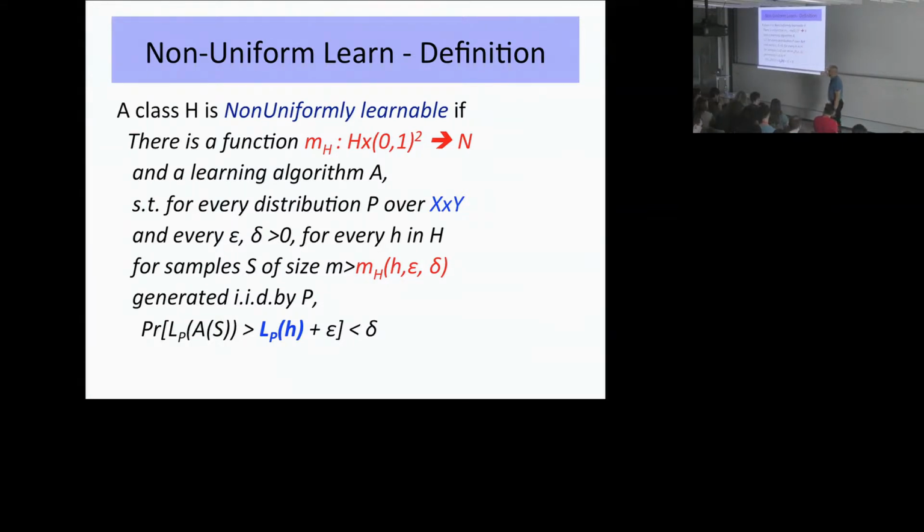If you remember the way we described agnostic learning, we said I want to be able to compete with the class H. I want to be able to do as well as the best in H. Now I'm telling you, you want to compete with the class H. For any member there, I will allow you a number of examples that depends on this member.